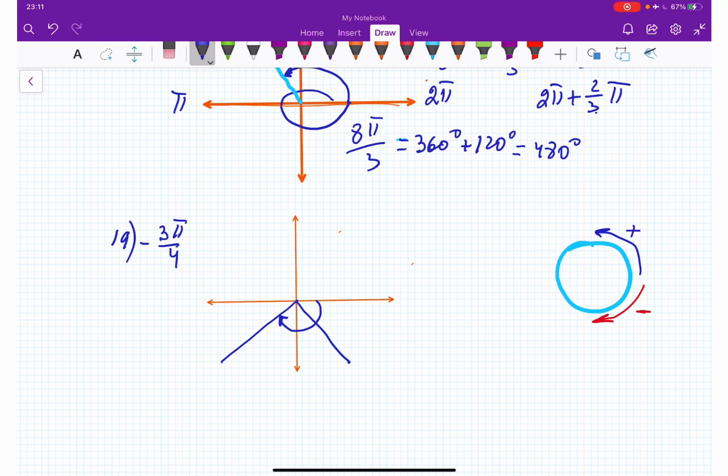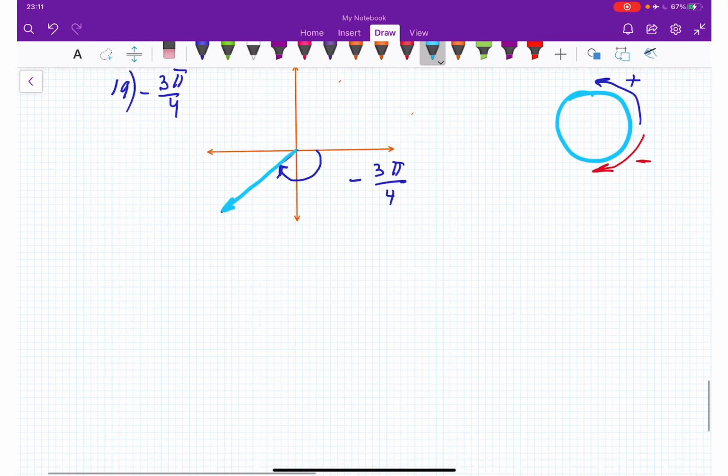I picked up 3, and this is negative 3 pi over 4. All right? So let me clean this, and I can go over like this.